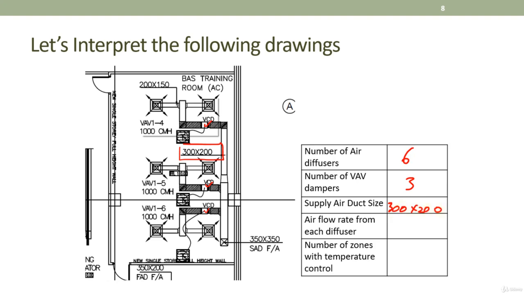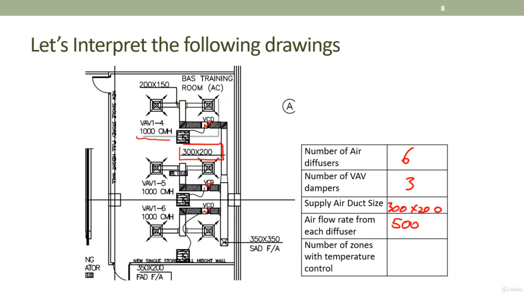The airflow rate from each diffuser is also indicated over here, 1000 cmh. So 1000 cmh is for one VAV. Most probably one diffuser is 500, because 1000 is split into 2, so it's 500 each.